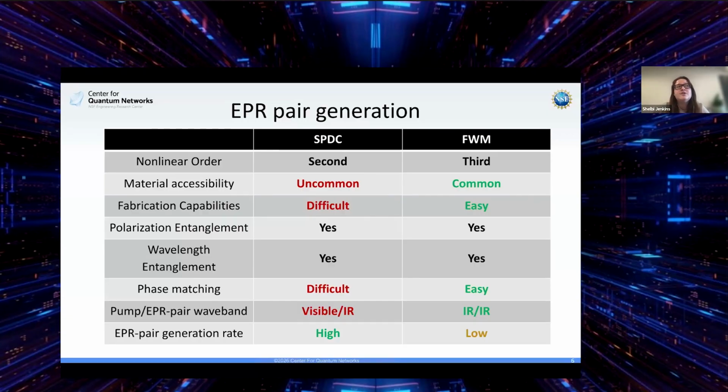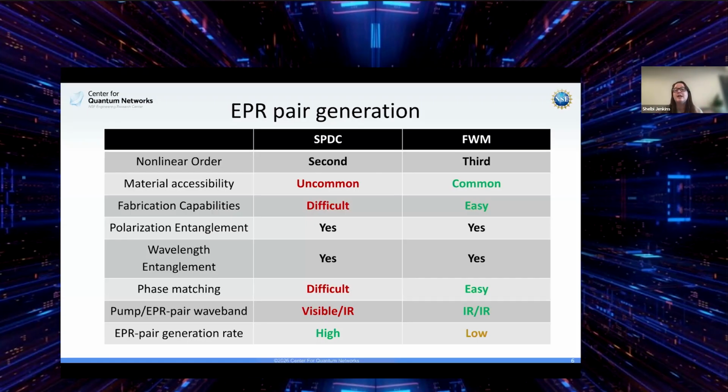When we talk about materials, second-order nonlinear materials typically have to be crystalline structures, so they are not as common. Whereas every material that you can work with optically will have some third-order nonlinear constant. So if you have a high enough power, you can always achieve that third-order effect, where you cannot always achieve it with every type of material for second order.